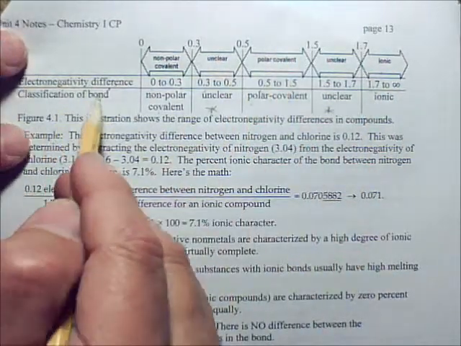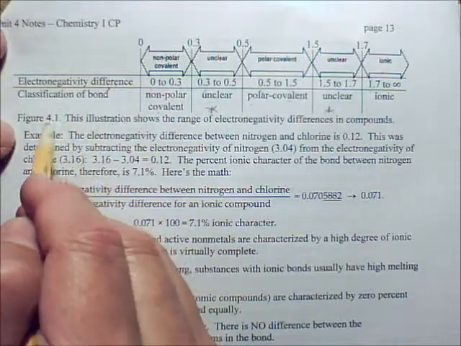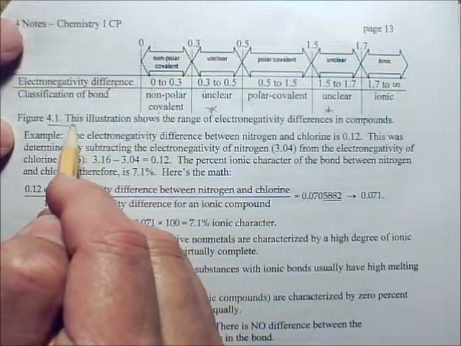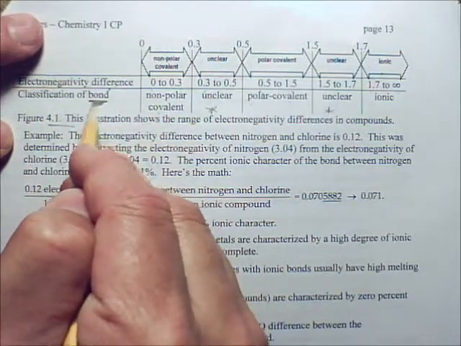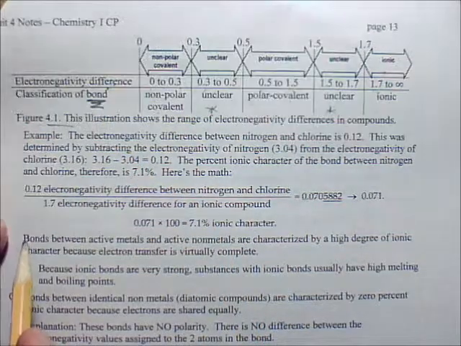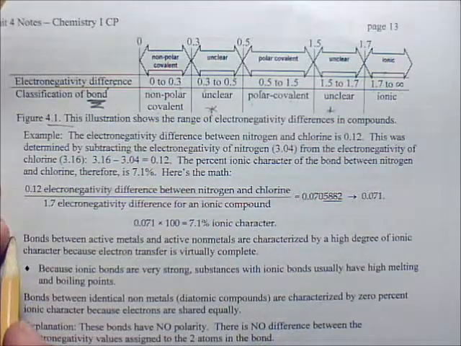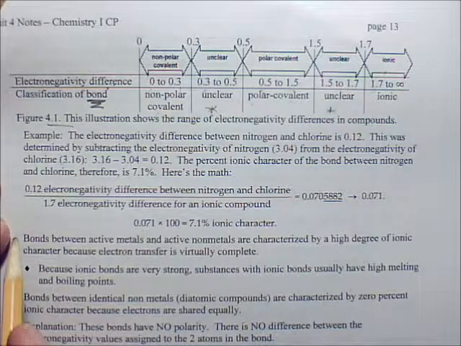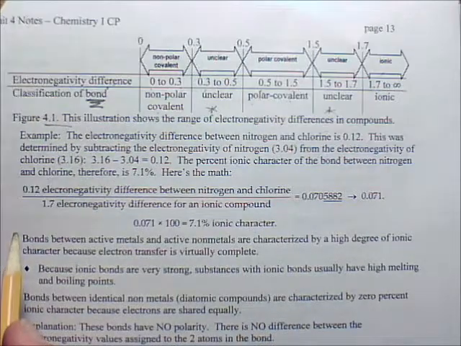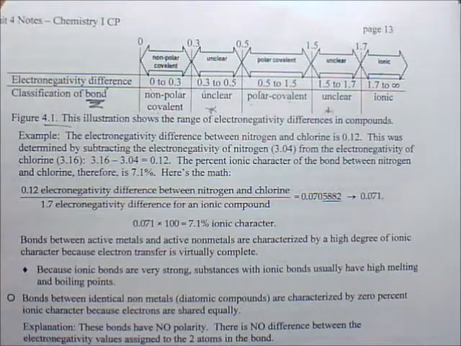So, note, please, that figure 4.1 is all about the bonds. The bonds. Molecules are often made up of more than one bond. Okay? Molecules are made of more than one bond.